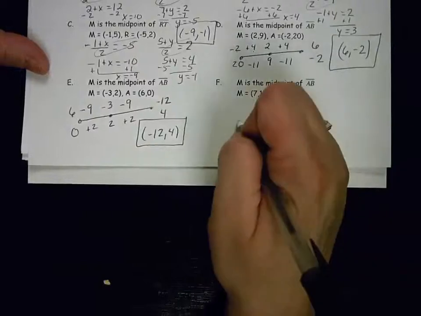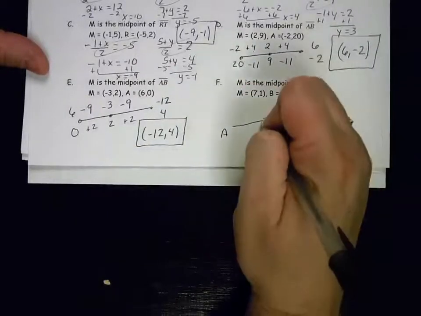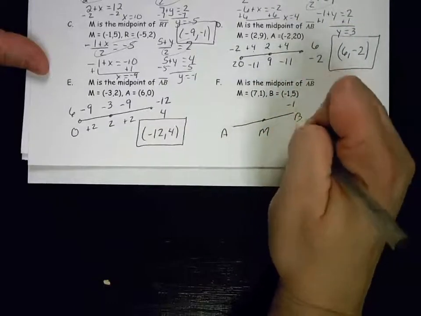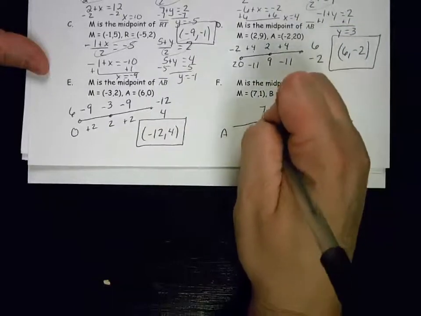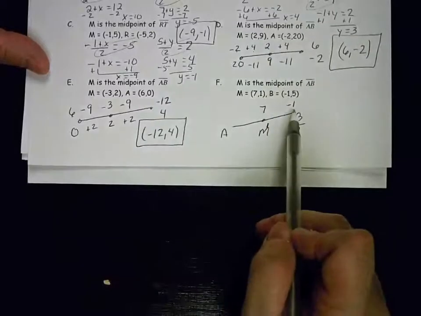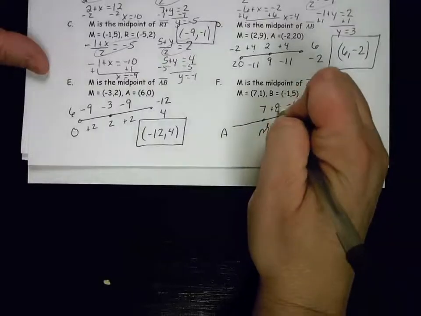Letter F, M is the midpoint of AB. M is right here in the middle. B is (-1, 5). And M is (7, 1). Well, from -1 to 7, you went up 8.